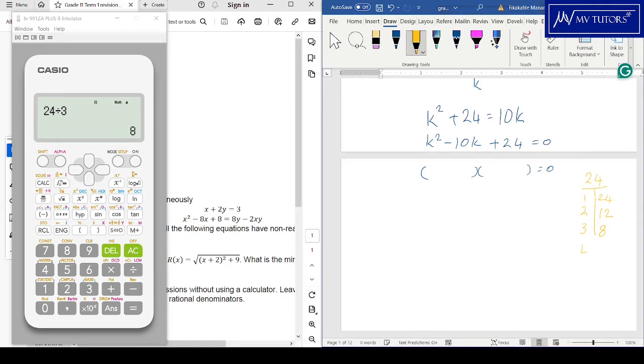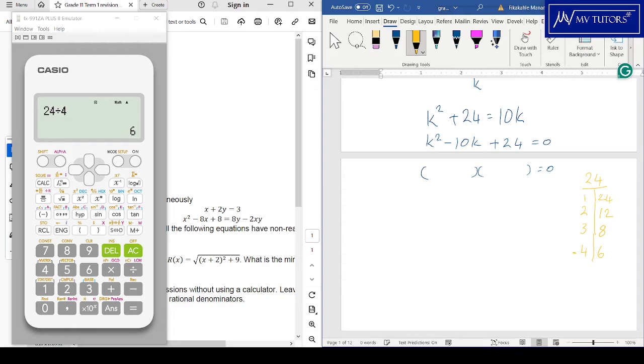Let's try a 4. 24 divided by 4. That's 6. Okay, let's try this one now. If I have 4 times 6, it will give me a positive 24, and they will give me a positive 10 if I add them.